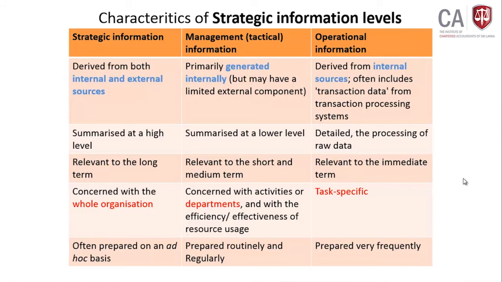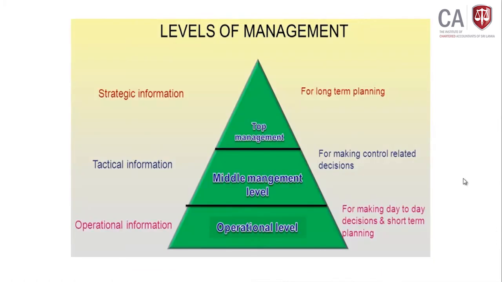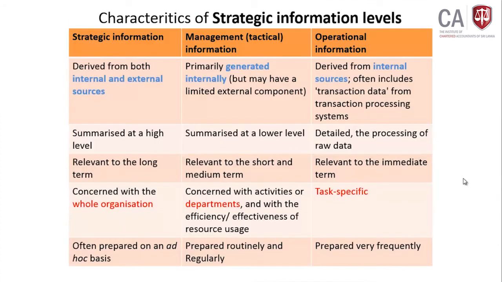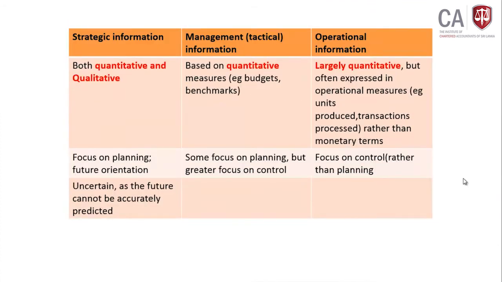When you want to identify the details, you can memorize and understand by looking at this pyramid, the rectangle. Through this one, you can identify the details and the comparison. Quantitative and qualitative information is there, based on quantitative measures.